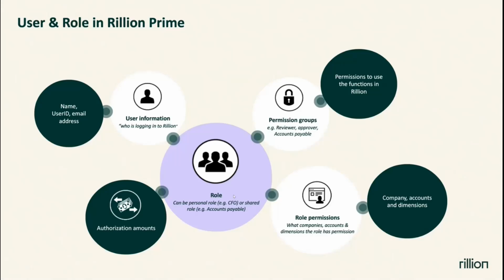So in this example here, you can see that we have a CFO role. It could be a marketing manager or engineering or something similar, but the role ID or role name describes what function the role performs within the company.